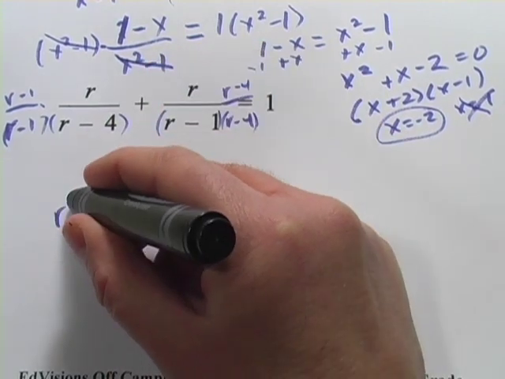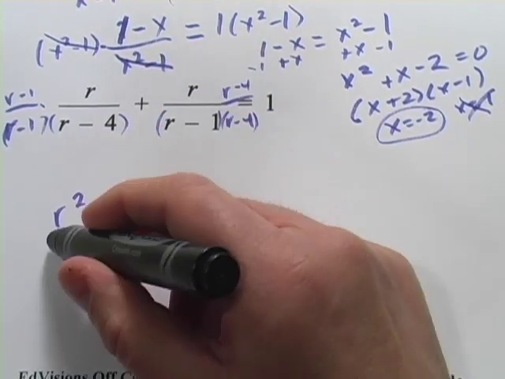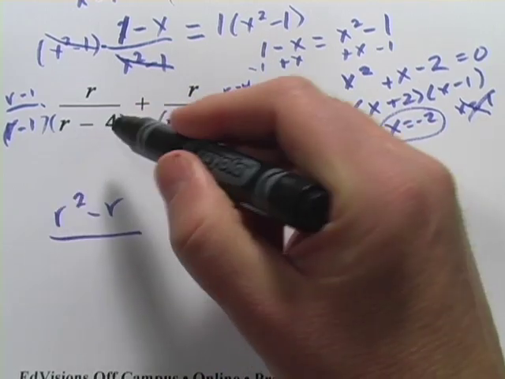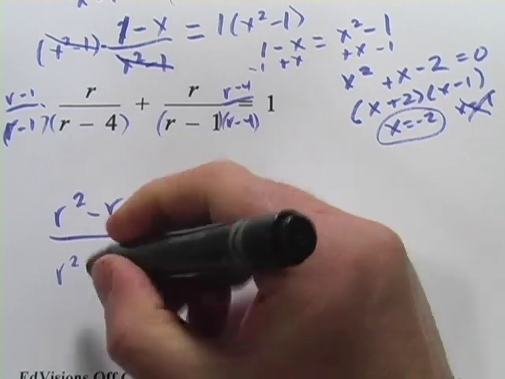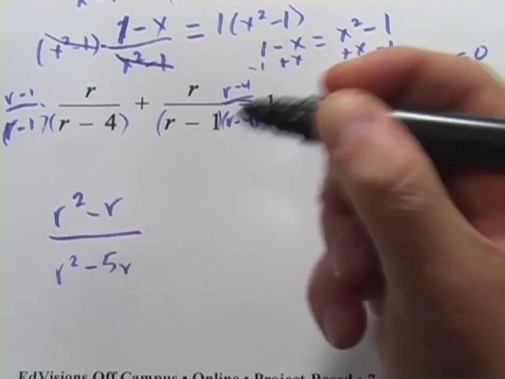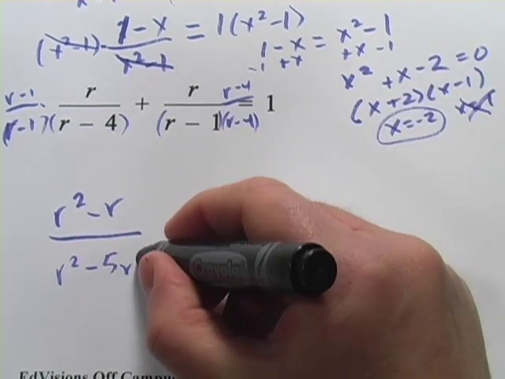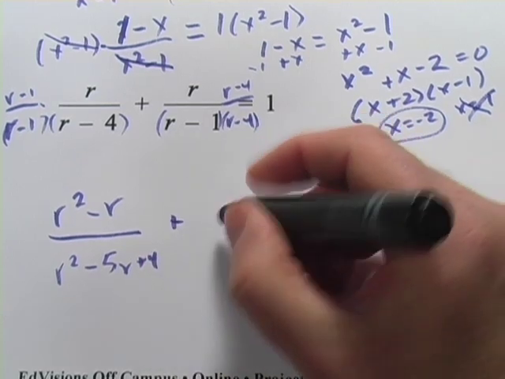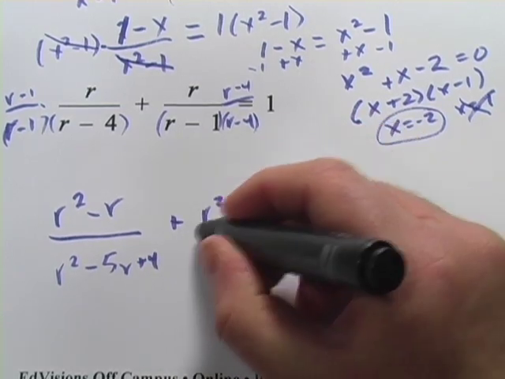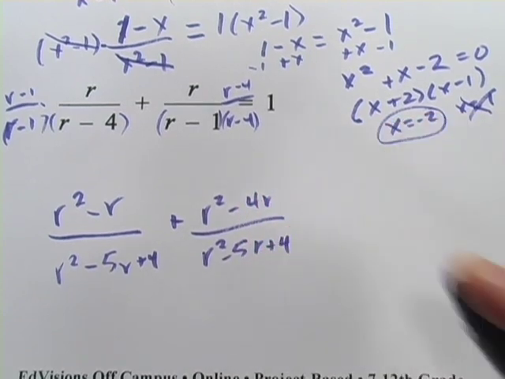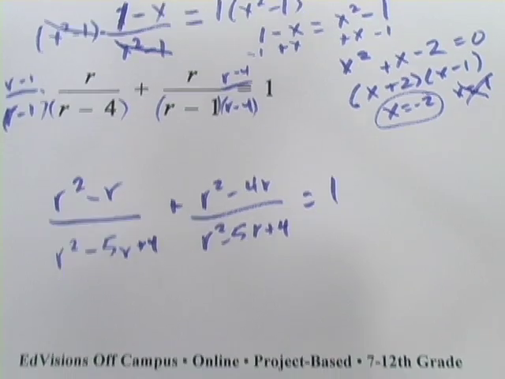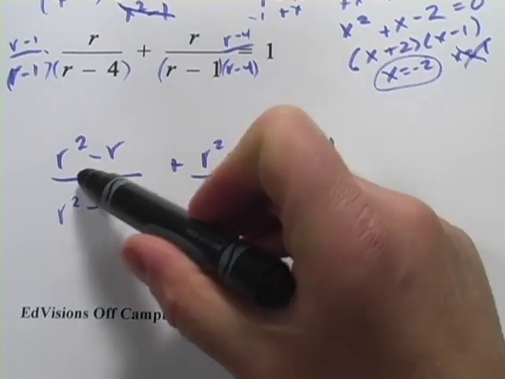I'll distribute that r right away. It gives me r squared minus r over, well, let's go ahead and multiply this out too. R squared minus 5r, might want to check my math on that, plus 4. And here we have r squared minus 4r over the same thing, r squared minus 5r plus 4, and that all equals 1. Now that our denominators are the same, we can just do the addition.